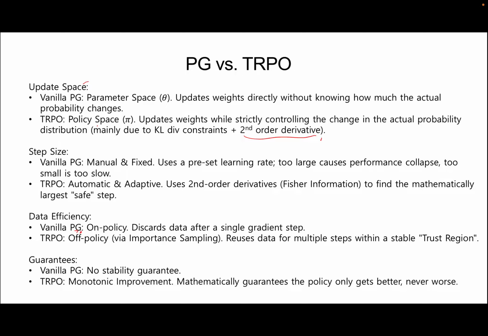So PPO uses a very simple mathematical trick to bypass the second order derivative. Theoretically TRPO and PPO are almost the same, but PPO avoids the second order derivative, which is too expensive. And PPO is a very standard algorithm, and our final project will be based on PPO.